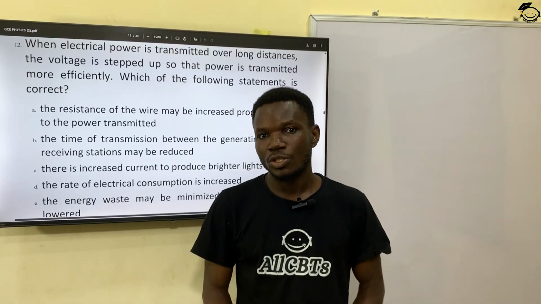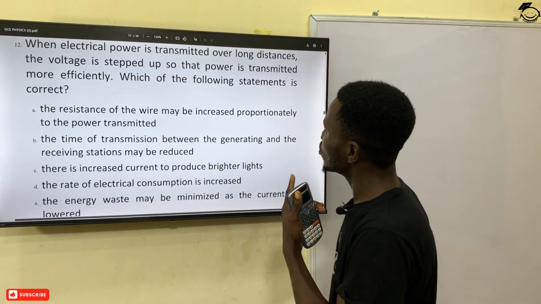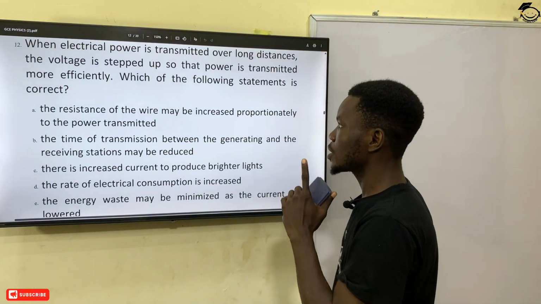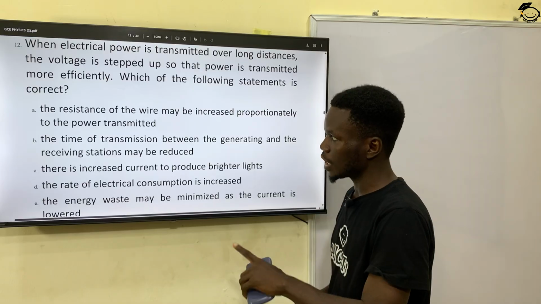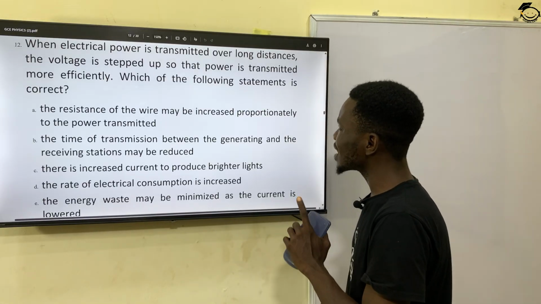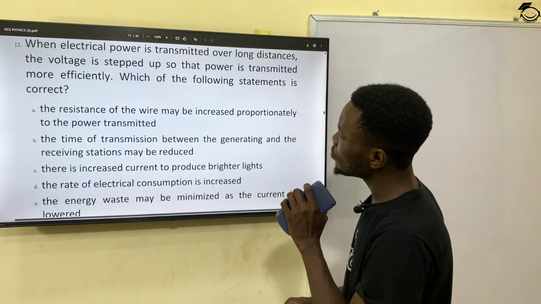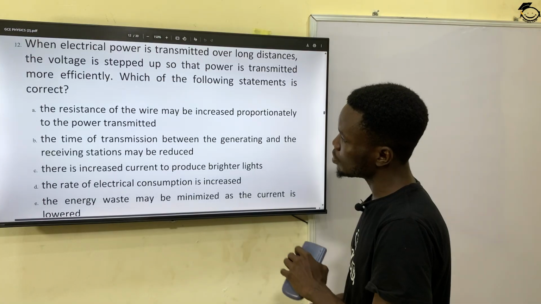So that takes us to question number 12, which says, when electrical power is transmitted over long distances, the voltage is stepped up so that power is transmitted more efficiently. Which of the following statements is correct? Option A says, the resistance of the wire may be increased proportionately to the power transmitted.